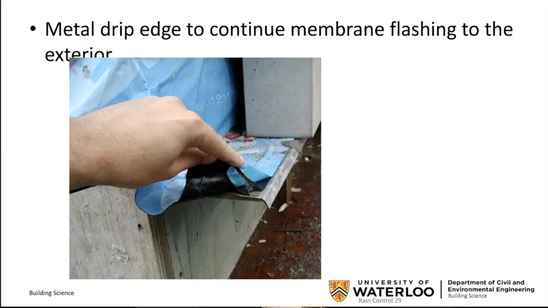So a lot of these membranes and flashings are made of polymeric materials. That's what this blue is, an SBS bitumen, asphalty type modified product with a facer of high density polyethylene. That's the blue bit.